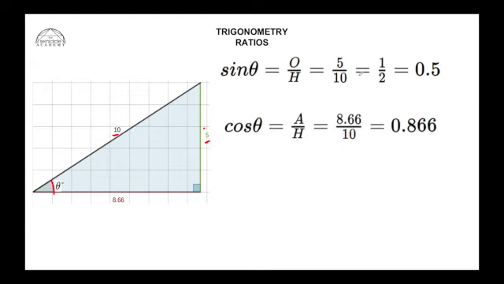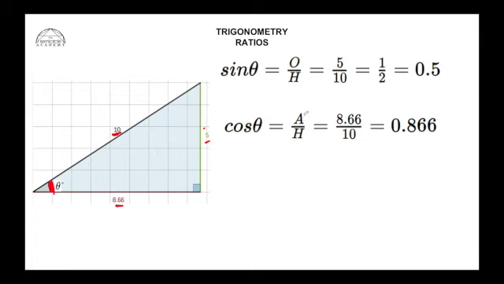Now cosine, and I hope you guys are writing this down. The cosine of the same angle, the same angle we're dealing with here, is the adjacent, which is 8.66, over the hypotenuse, which is 10.